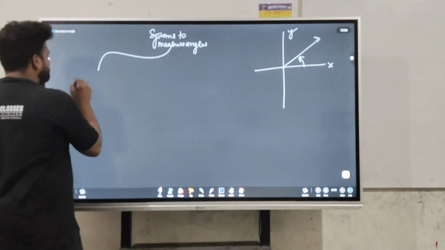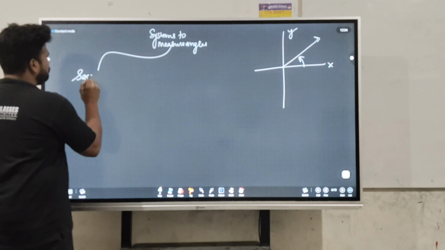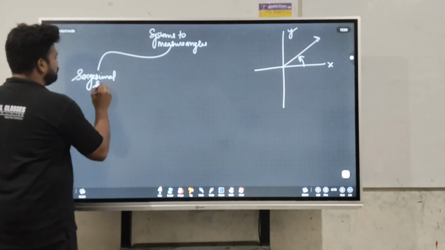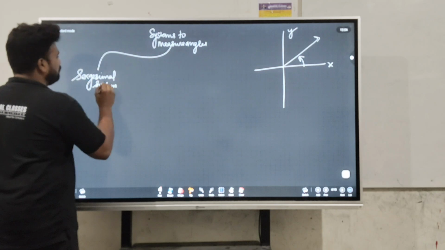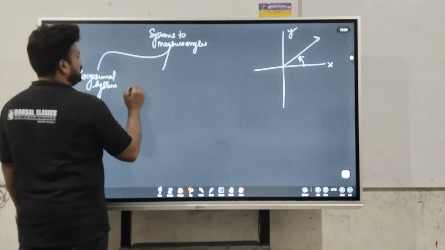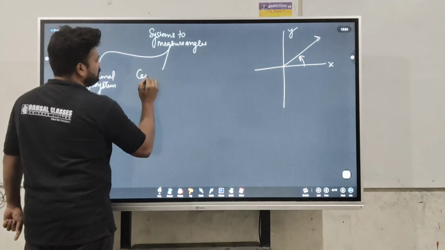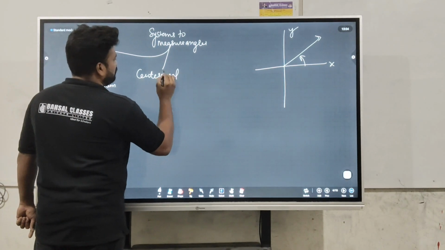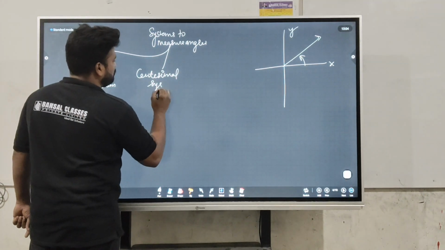The first is the sexagesimal system. The next one is the centesimal system.